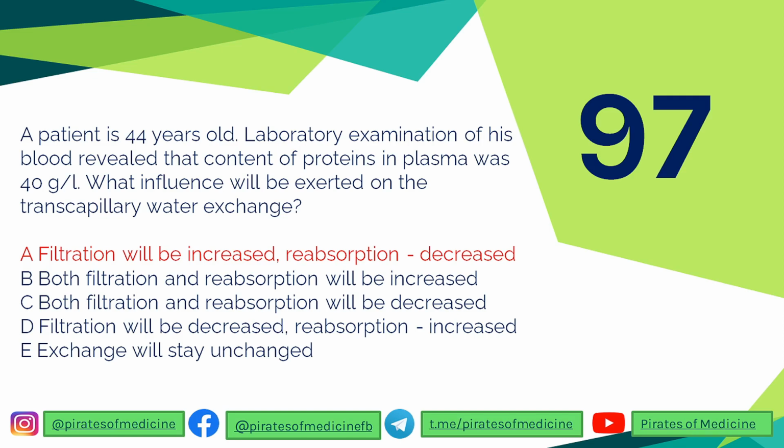So if albumins are in a low amount, because plasma proteins are less, oncotic pressure will be decreased. Do you agree? If oncotic pressure is decreased, then the only force that opposes filtration will not be there, which will cause increased filtration, and correspondingly reabsorption will be decreased.